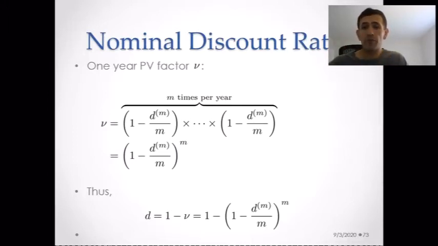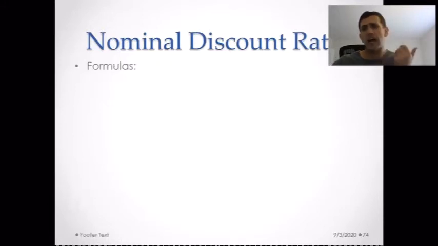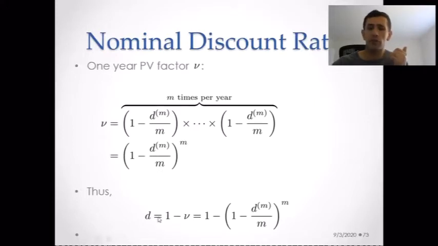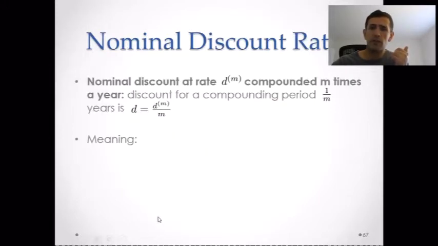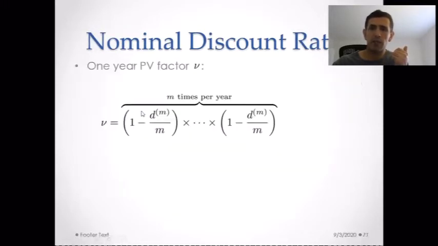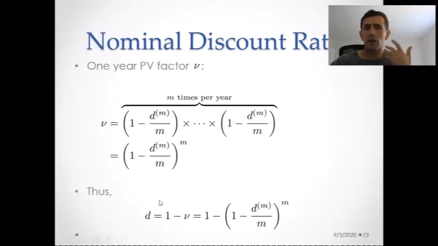So we get that if d is the equivalent effective annual discount rate, then d is given by 1 minus, parentheses, 1 minus d superscript m over m. I have to admit, I use d here and d here, which maybe isn't the best, but as I explained, d is the equivalent effective annual discount rate.